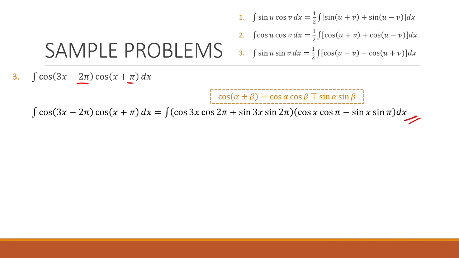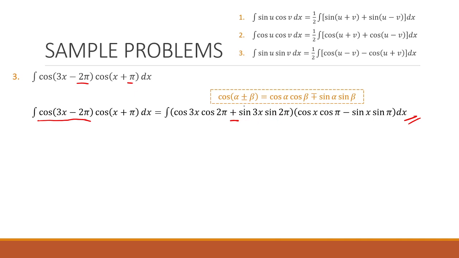So if it is a sum of two angles, the corresponding identity should be a difference of two terms. If it is a difference of two angles, the identity should be a sum of two terms. For example, this first term is a difference of two angles, therefore its corresponding identity is a sum of two terms: cosine 3x cosine 2 pi plus sine 3x sine 2 pi.